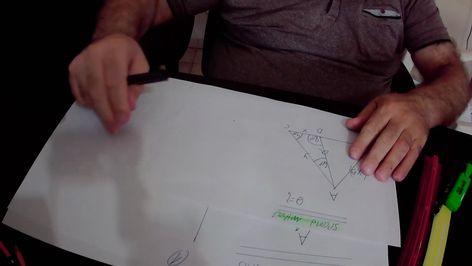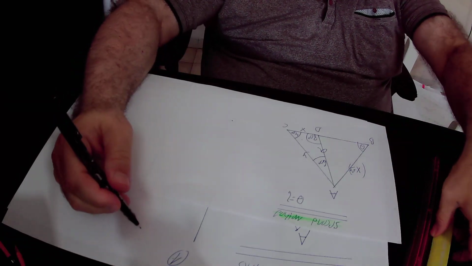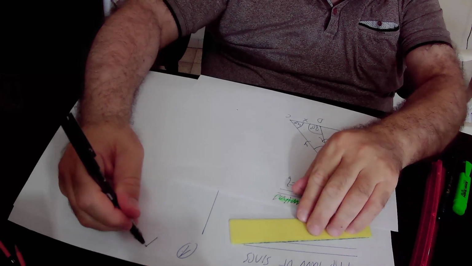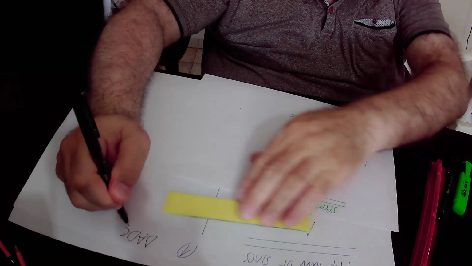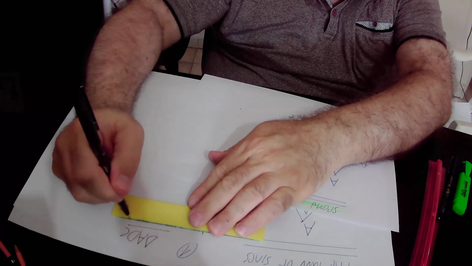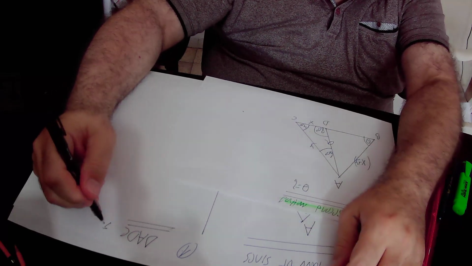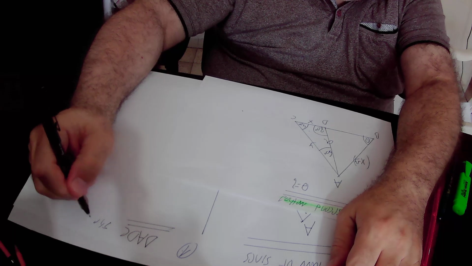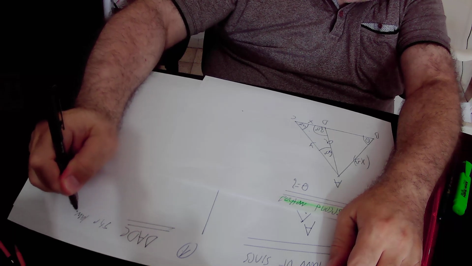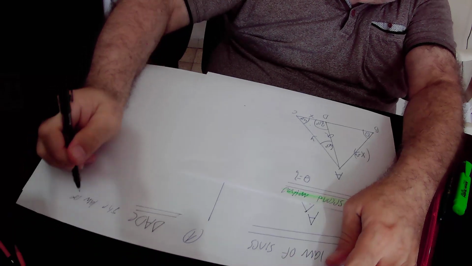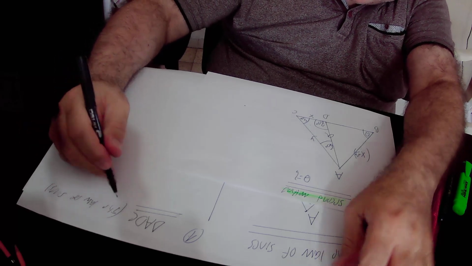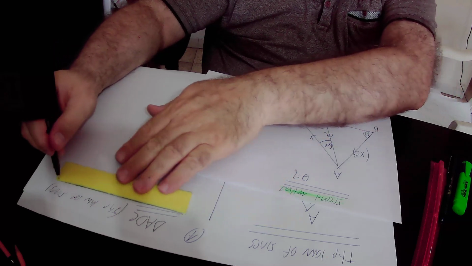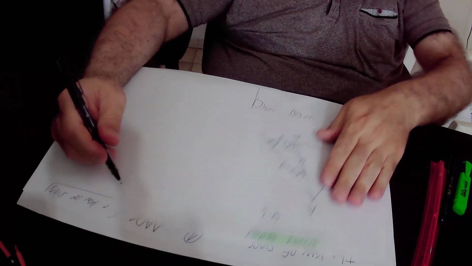So here we have triangle ADC. According to the law of sines, we'll implement it on this triangle ADC.